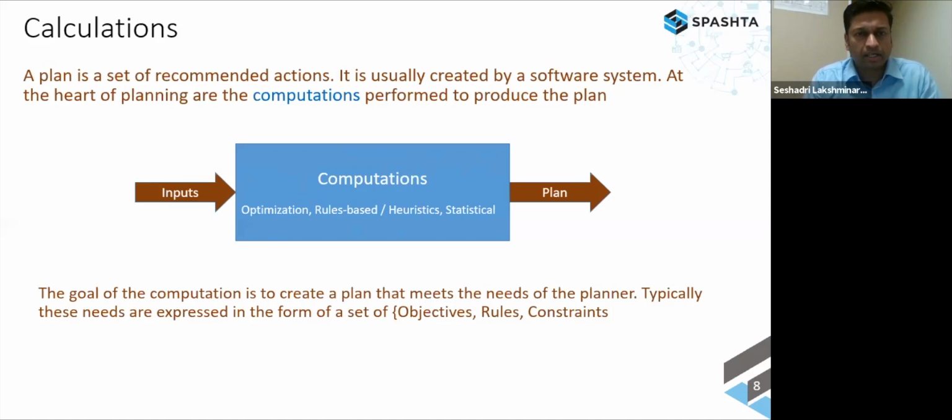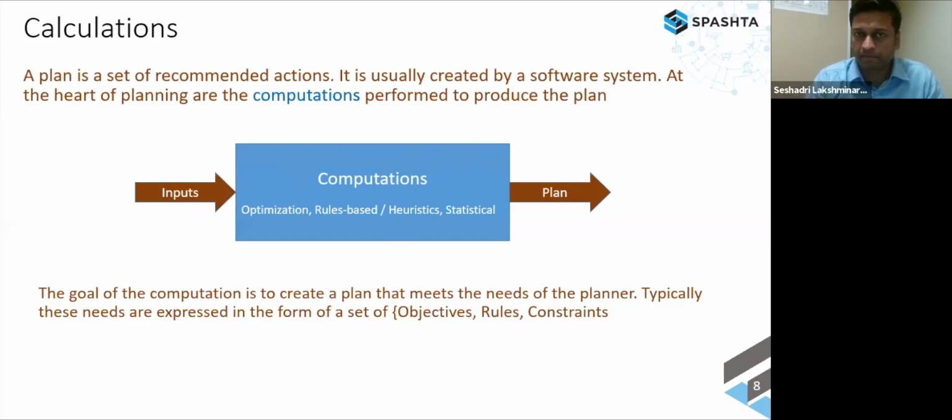Some of the techniques that are used in planning: typically you use a lot of optimization techniques. A lot of optimization algorithms themselves were developed because of the need from logistics plans, way back during the World War time, and it is still used. Because of the computational power, the optimization techniques also are used more and more.